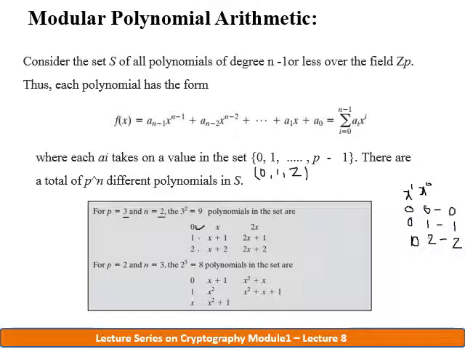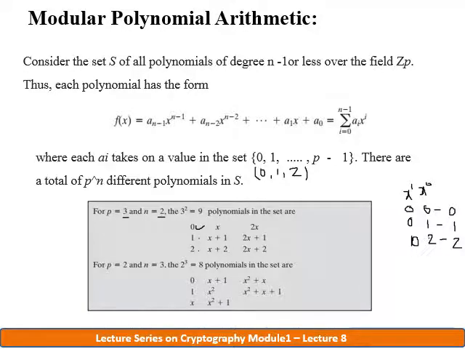Because P is taken as 3, so the set values are 0, 1, 2. I considered all the combinations keeping x equal to 0, giving the values 0, 1, 2. These are one set of polynomials.